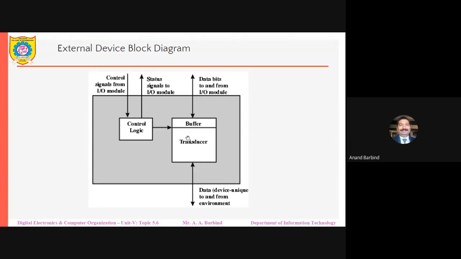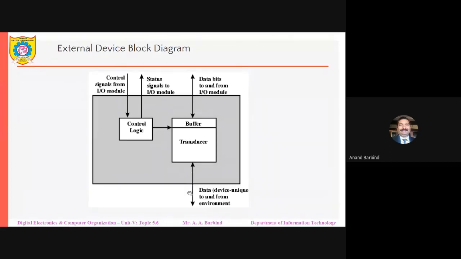These transducers, for example in case of a printer, will be the printing head, which converts the bits into the actual printing of the characters. In case of hard disk drives, it is the magnetic head which is used for magnetizing certain areas or unmagnetizing certain areas on the hard disk.